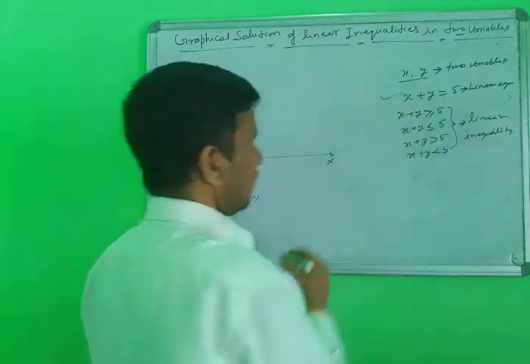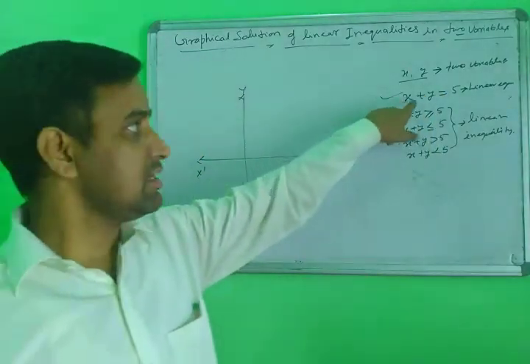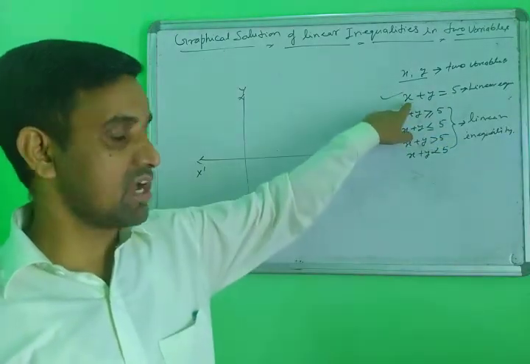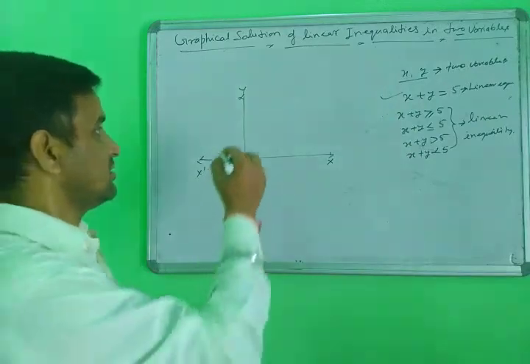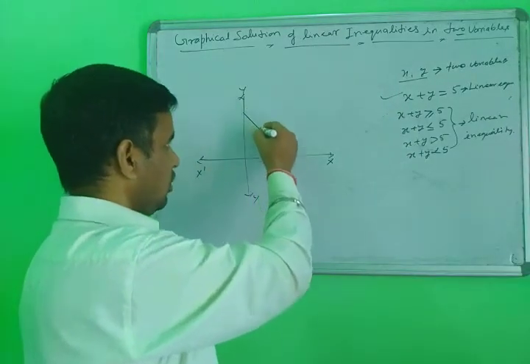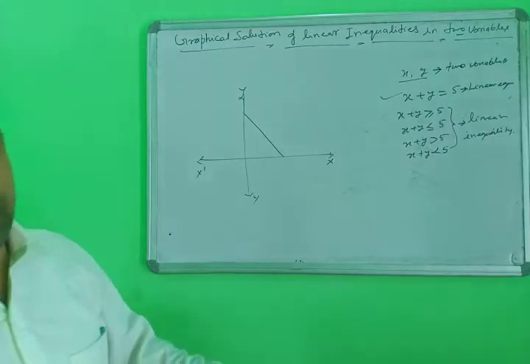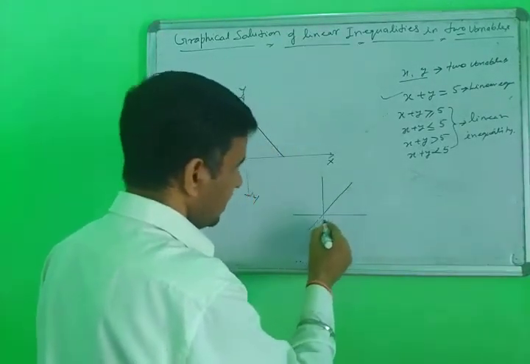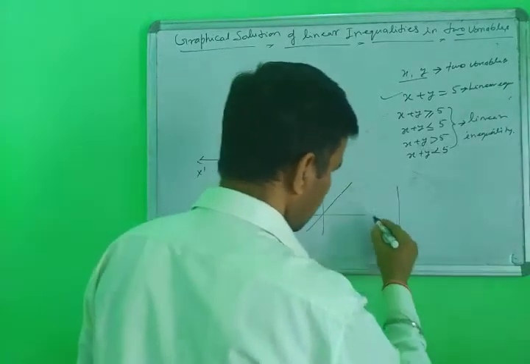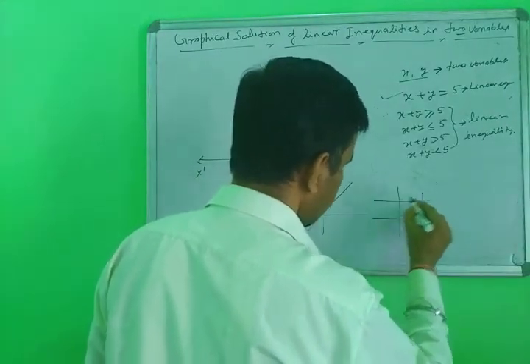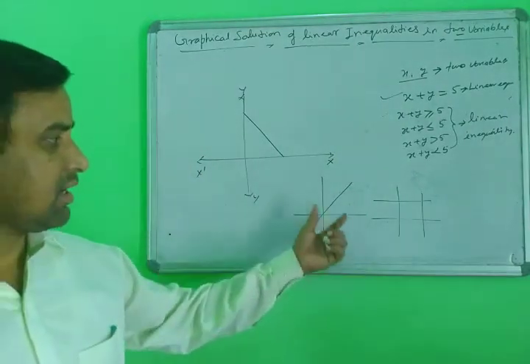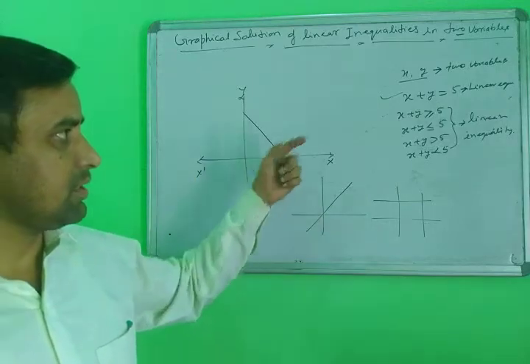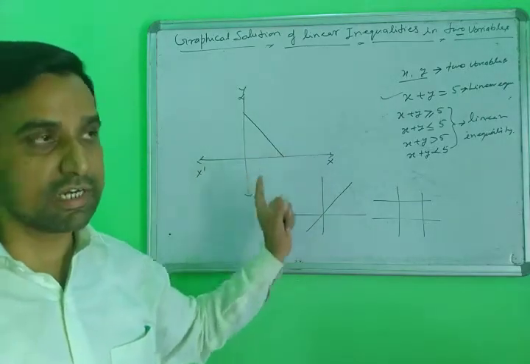You will find the graph of a linear equation always comes as a straight line. It can be horizontal, vertical, or diagonal at 45 degrees, but the graph of a linear equation is always a straight line.